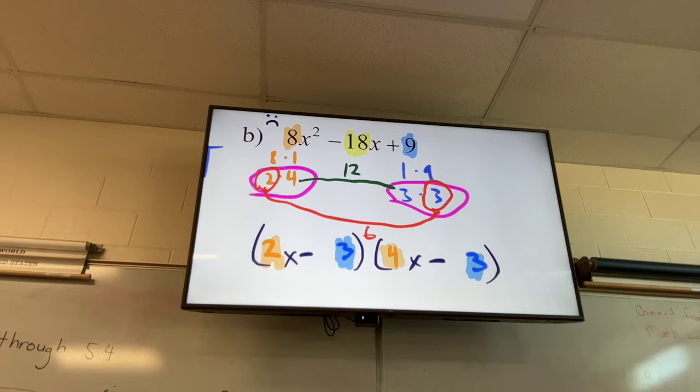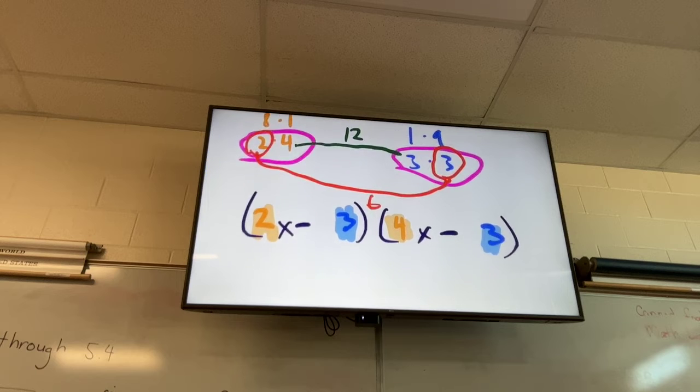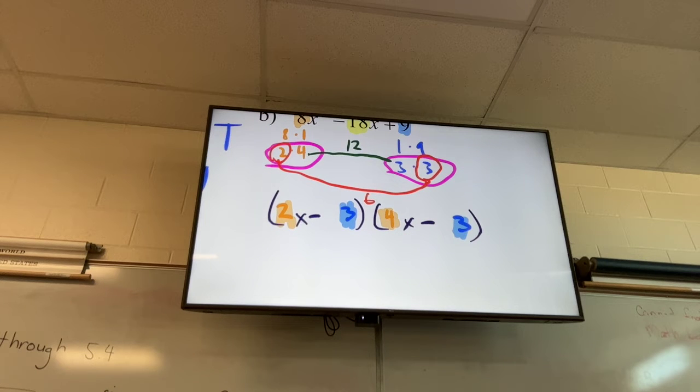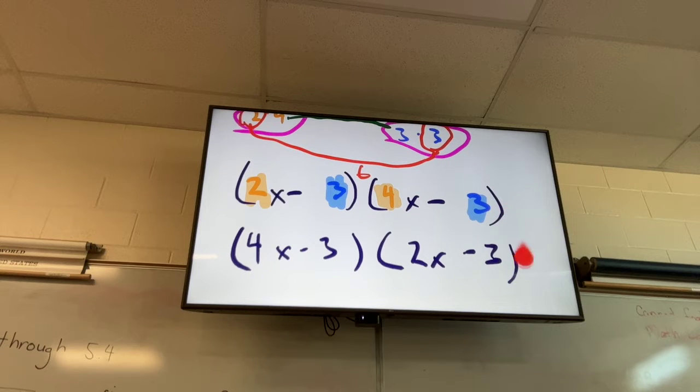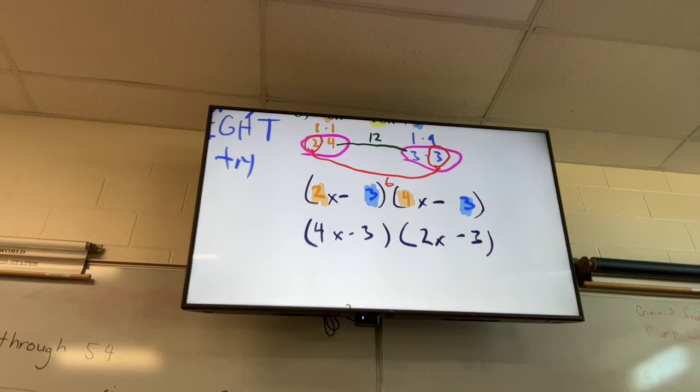So if I put 4 times 2, what would have happened is my answer would have been this. It would have given me that, but look at the 2. All I did was change the 2 pairs of parentheses around, so that would give me the same answer. Yeah.